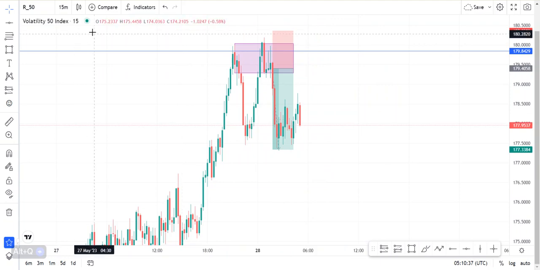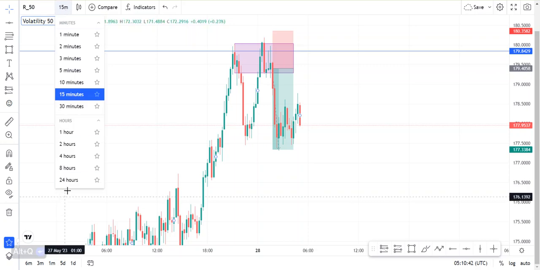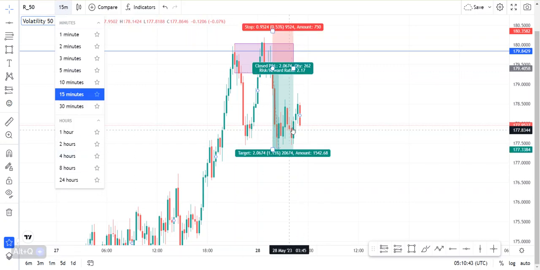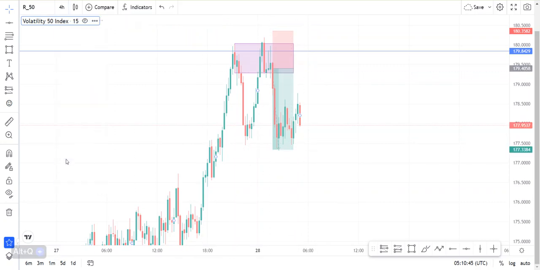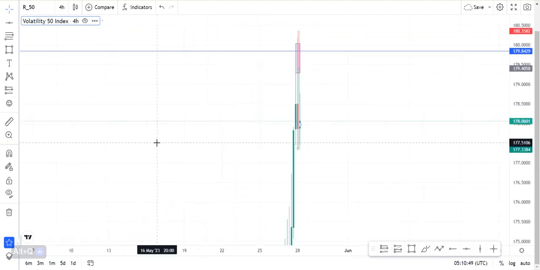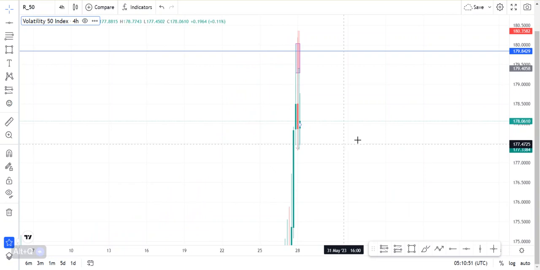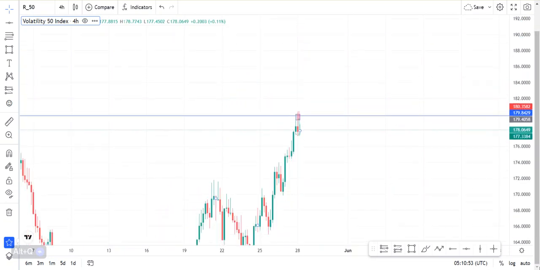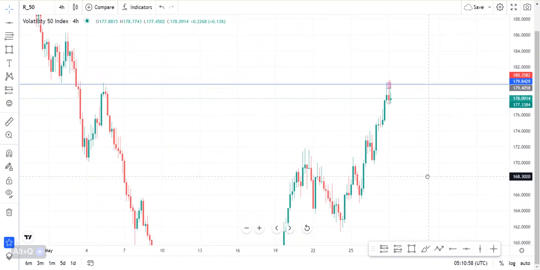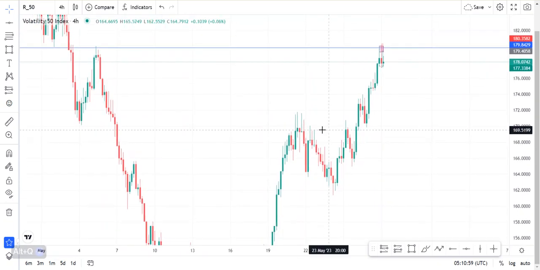We go back to our higher time frame, maybe probably the 4 hours. You look at the 4 hours time frame, and then we look at where we are going to target. Our target could be here.